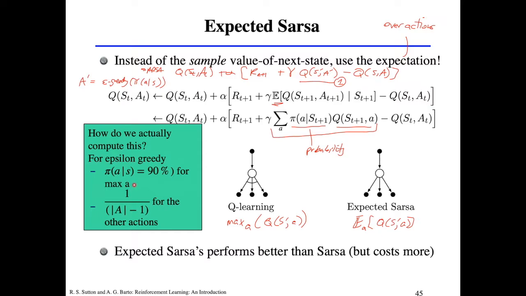So assuming you have some policy that says you have a 90% chance of taking some action, whatever the best action was, and the rest of the policy for all the other actions was this. In an epsilon greedy policy, by definition, you could define it this way.